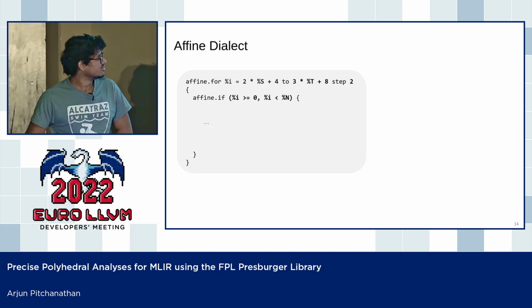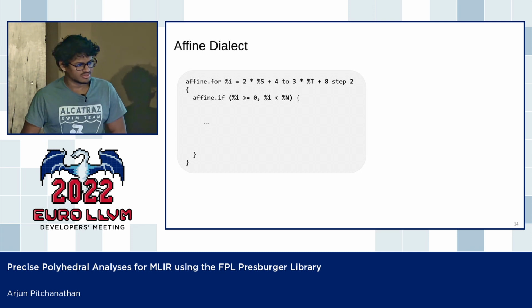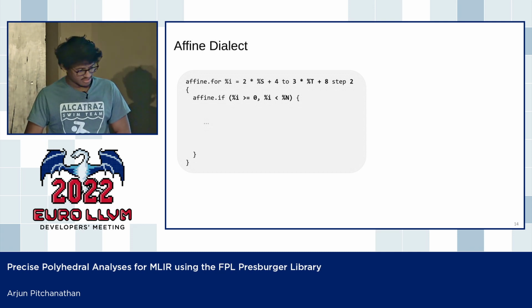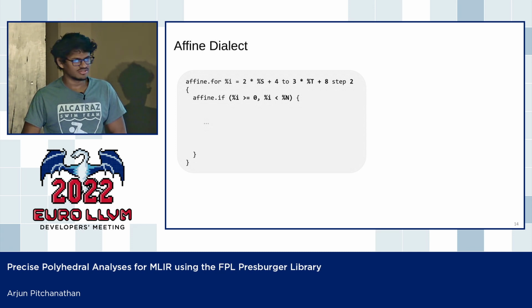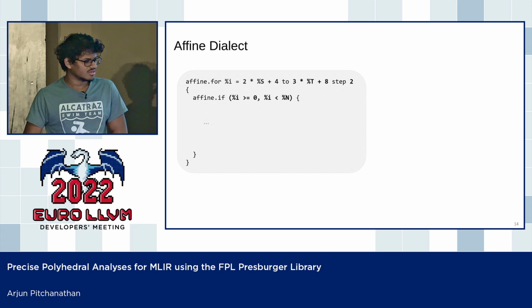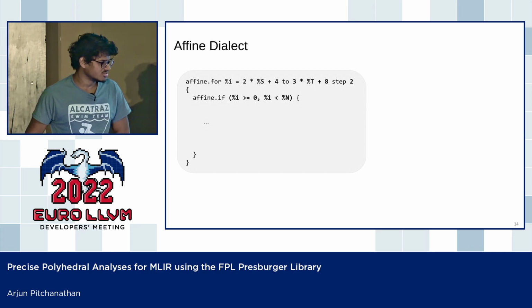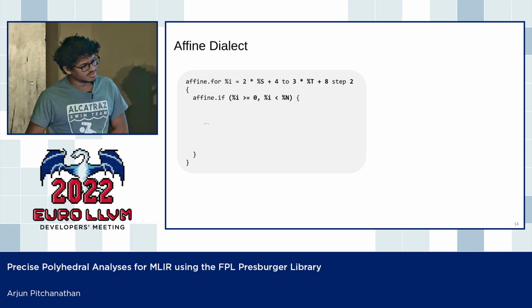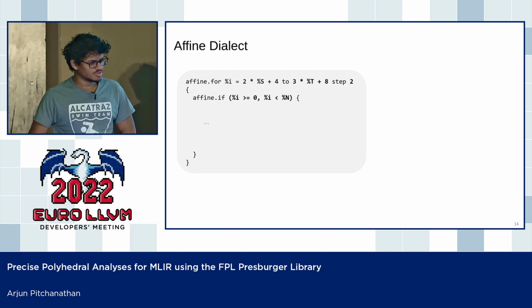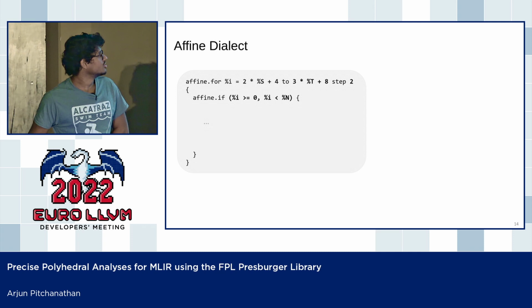And a final thing that we need to understand before we go into the implementation of the pass is what the affine dialect is. So I'll go through this very briefly for the purposes of this tutorial. The affine dialect has two constructs for control flow. One is the for loop. This is not the exact syntax, but for understandability, let's use a simplified syntax. So the bounds of the loop are, for example, you have a for loop, i goes from 2s plus 4 to 3t plus 8.